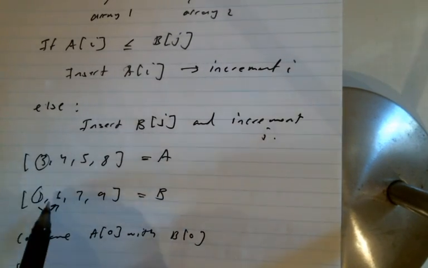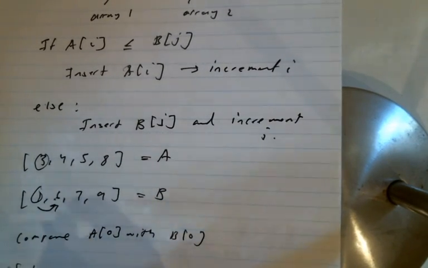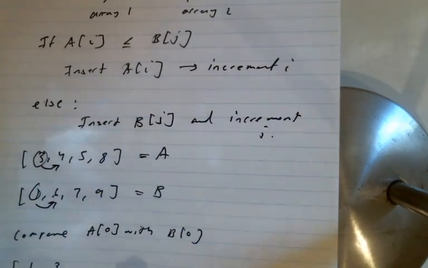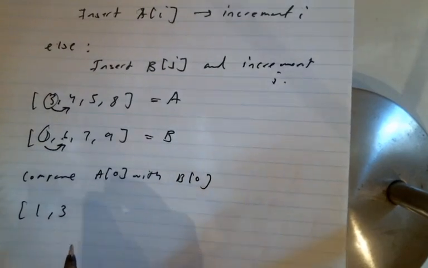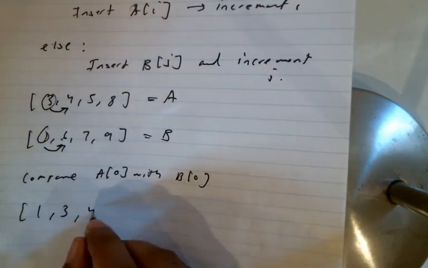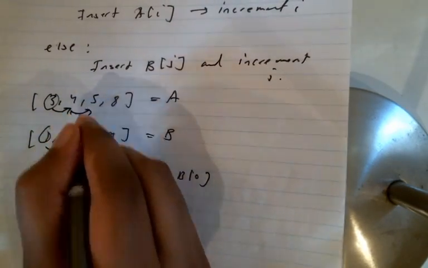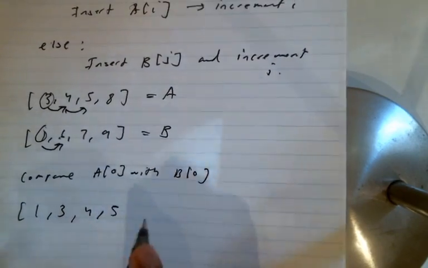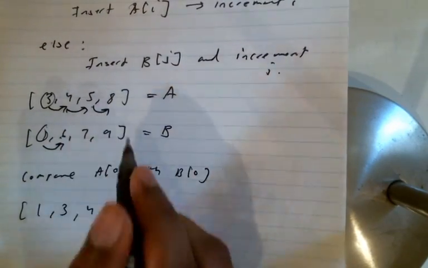So now we're comparing 3 to 6. 3 is less than 6, so we'll insert 3 and move up. But what about 4? 4 is also less than 6, so we'll insert 4 and move up. Now we're comparing 5 to 6. 5 is less than 6, insert 5, move up, okay?